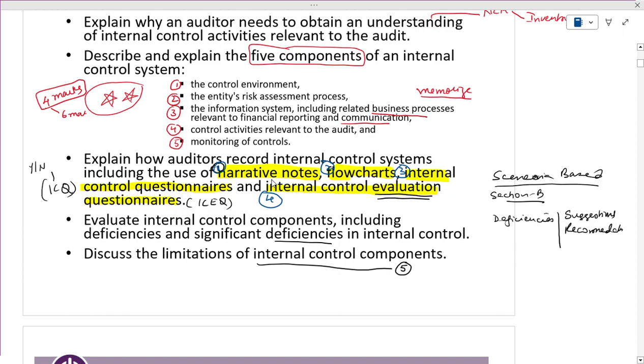These are the 5 components of internal control: control environment, risk assessment process, and the information system, how the information system is structured. Now people are talking about software, how from one phase to another, from the initiation, the basic transaction, till the preparation of financial statements.